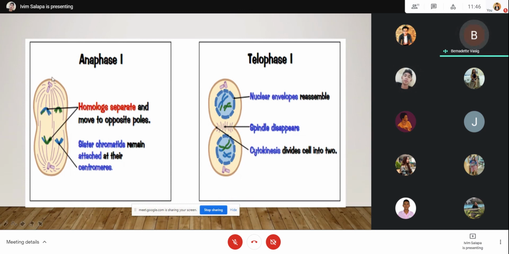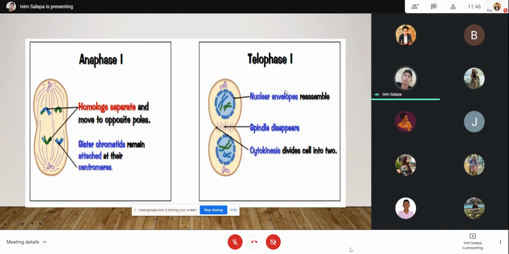Okay, making them full-fledged chromosomes, right? Full-fledged chromosomes, ma'am. Okay, so after that is telophase.